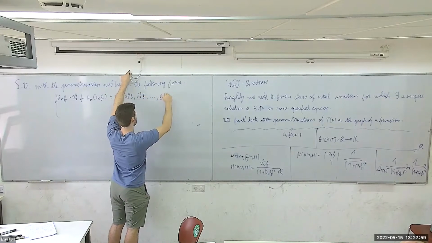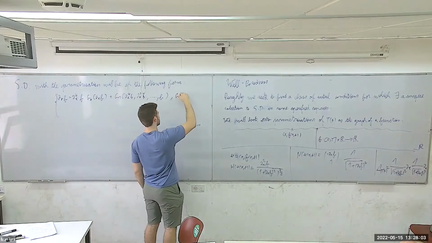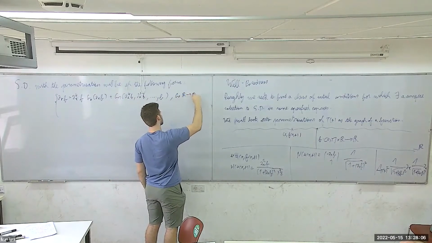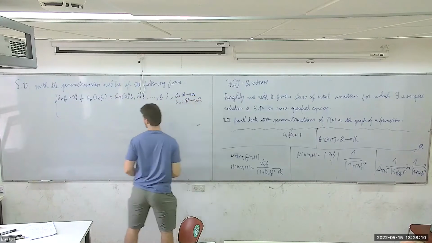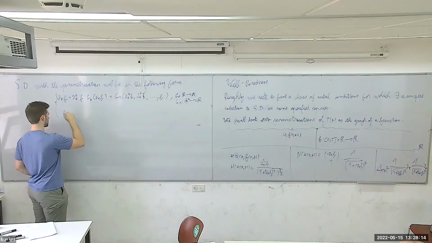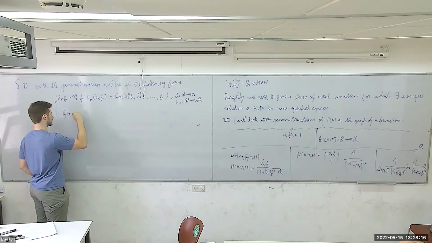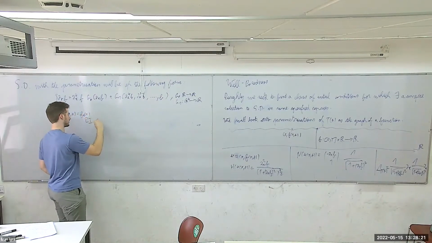So all the derivatives of f. g0 goes from R to R, g1 goes from R4 to R. And of course, we have the initial condition f of x, 0 is equal to f0 of x. I'll just write I for the initial condition.